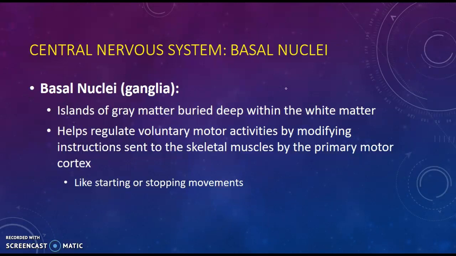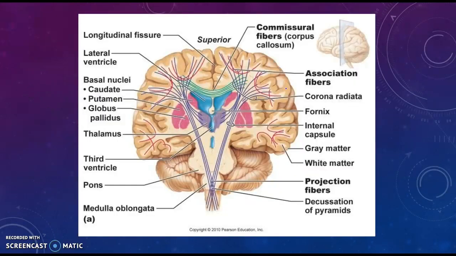So if you're running and you need to do a sudden stop, this is going to be the part of the brain that helps you be able to do that. Okay, and if you look here, I just wanted to point out that these pink islands are going to be your basal nuclei, deep within that white matter.